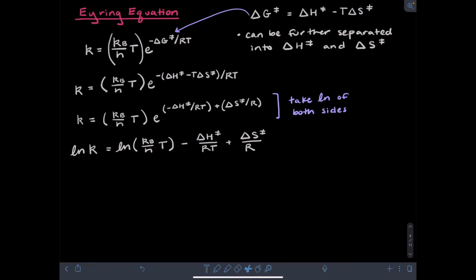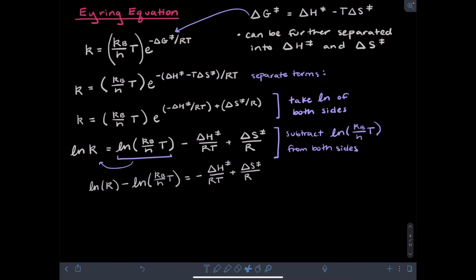So I have negative delta h double dagger divided by RT plus delta s double dagger divided by R. To move my natural log of kb over h times t to the other side, I'm going to subtract this from both sides. On the left, I now have my two natural log terms, and then now all that's left on the right is minus delta h double dagger over RT plus delta s double dagger divided by R.